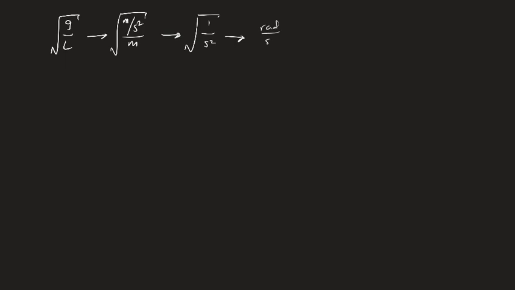Now, here's where I'm going to ask a question, and I don't know that you guys have the answer. But I taught this to you 2 months ago. If I want to go from radians to rotations, what do I have to do? If I have a value in radians and I want to go to rotations, do I divide by 2 pi or multiply by 2 pi?